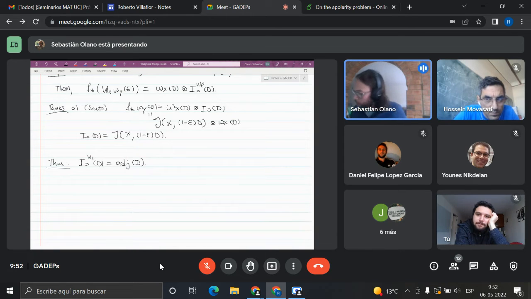So let me conclude this part by saying that all weighted Hodge ideals form a chain.